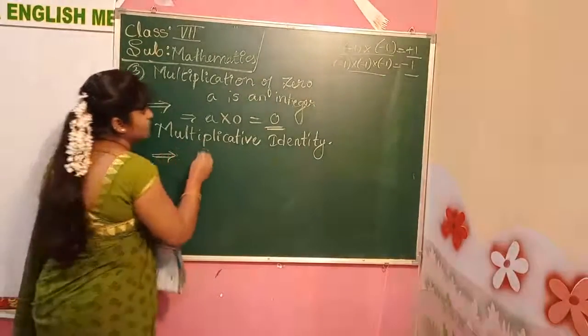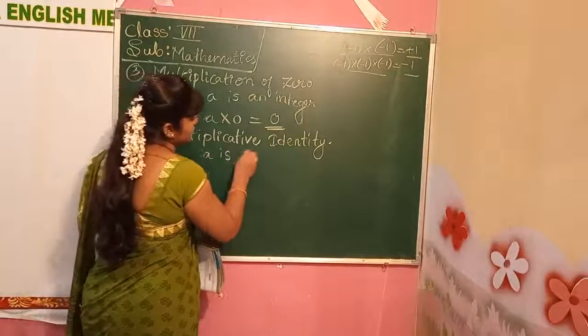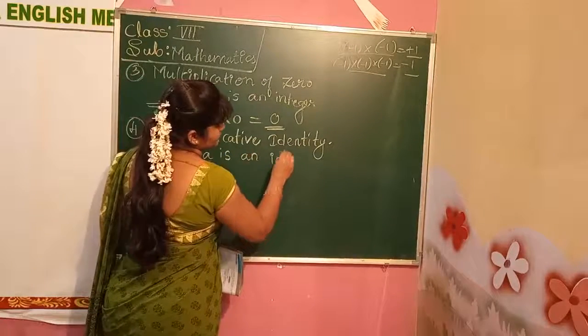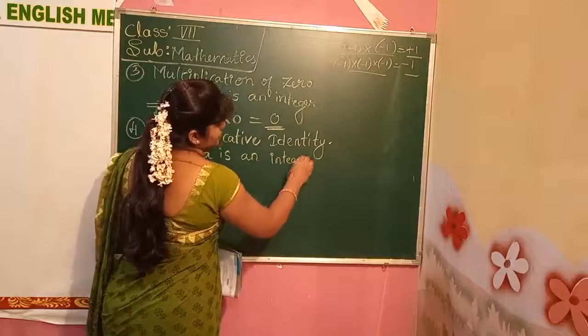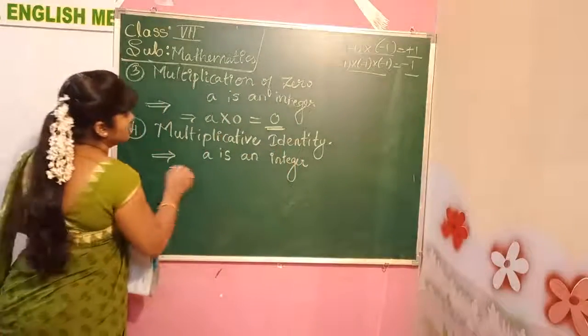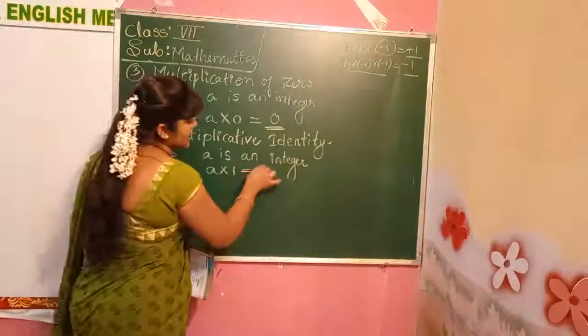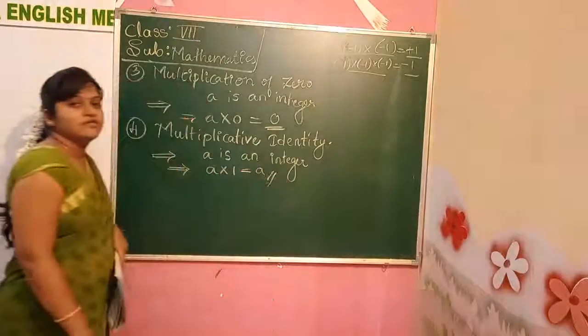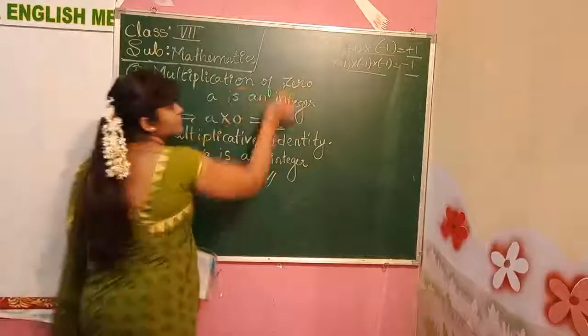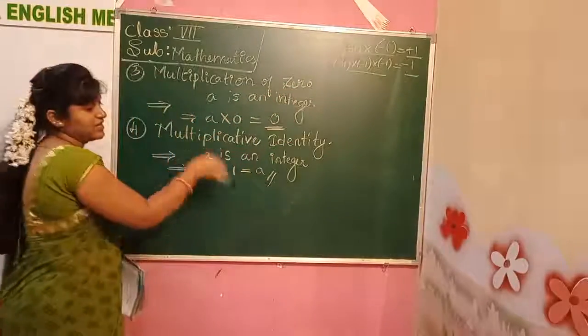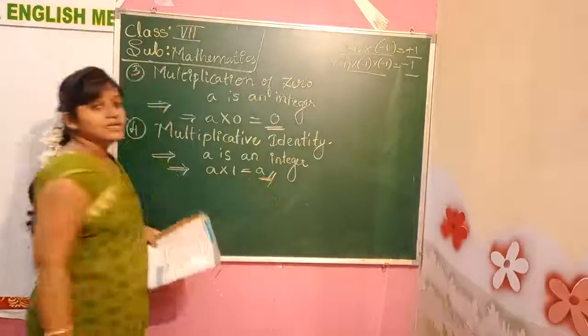Statement format: a is an integer. When we multiply a with 1, we get that number itself. In the 0 property, we got 0. In the identity, we got that number itself.